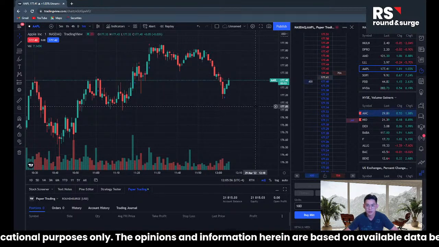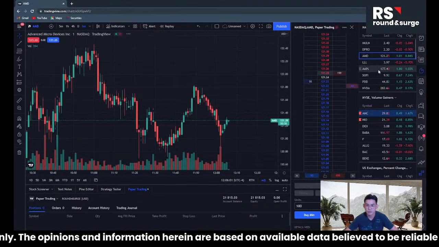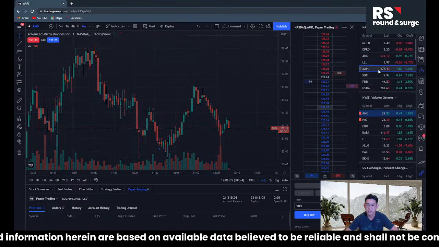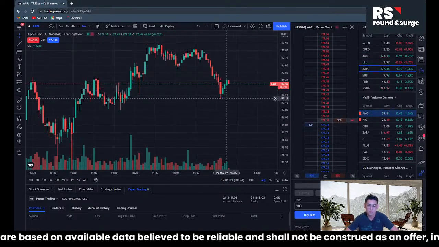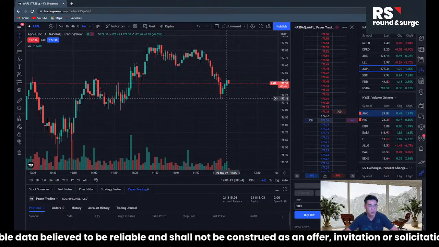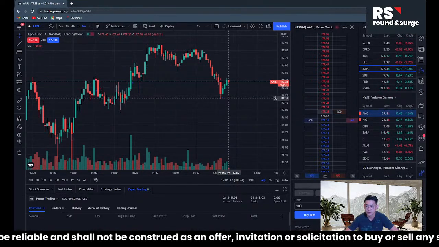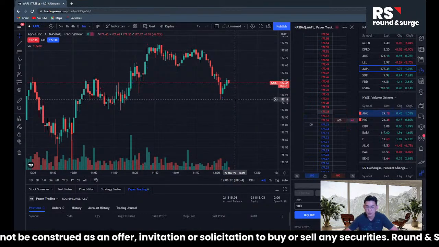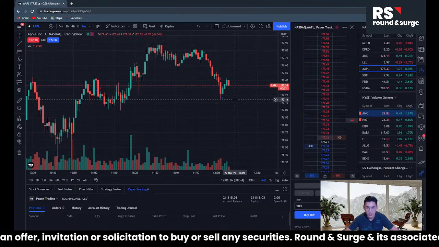Okay. It bounced back up and coming back down. High volume, so there will be a reversal in the upcoming minutes. But we just need to wait. Reversal is there, but we just need to wait for the right timing for the entry. All right.